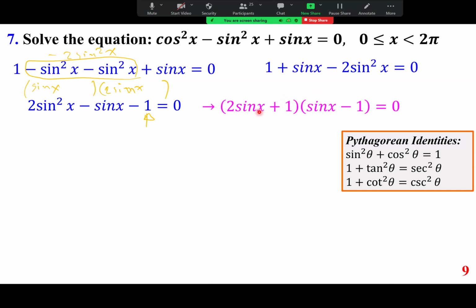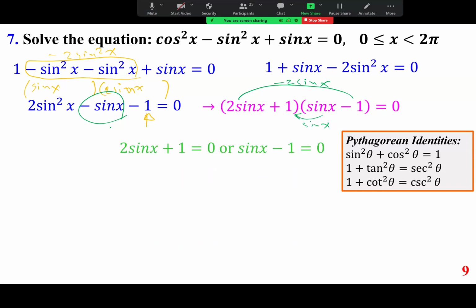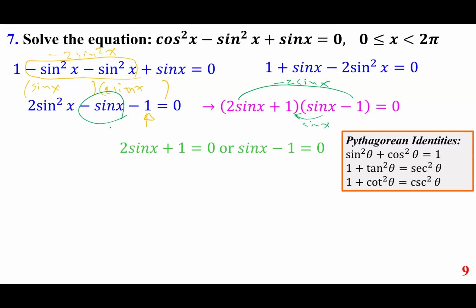This is sine x, sine x, minus 2 sine x. If you add them up, you get the middle term. So there are two answers. Either the first parenthesis is 0 or the second one, which makes sine x equal to negative 1/2 or 1.